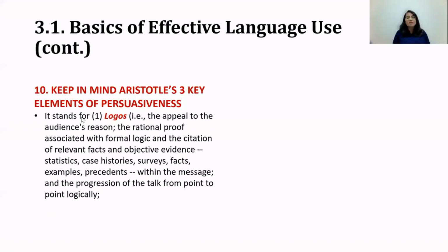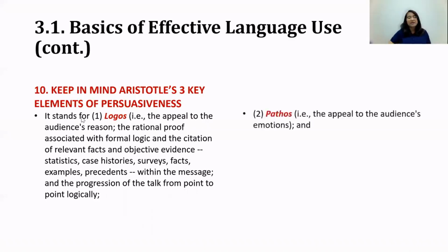It's not just the argument. If we keep persuading our audience, just giving argument, personal judgment again and again, they won't believe in us. They won't take it from us because we cannot provide backup data, backup statistics that show that our argument is logical. But it's not only about the presence of facts or evidence, but the way we present our arguments in a logical way is also important.